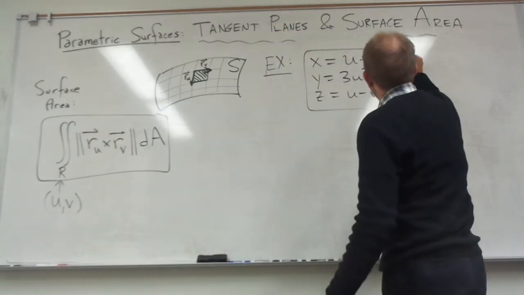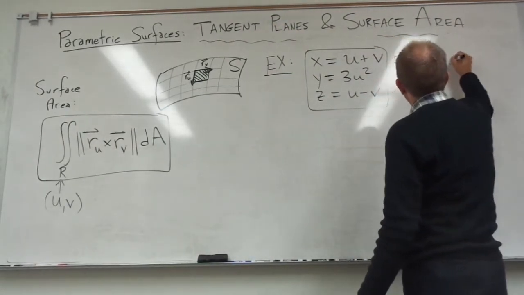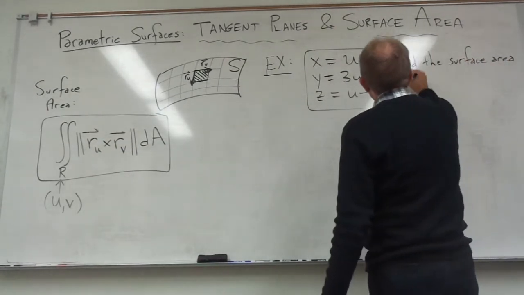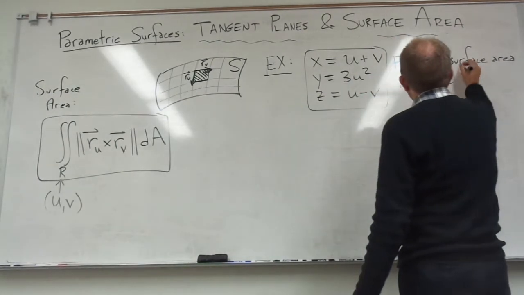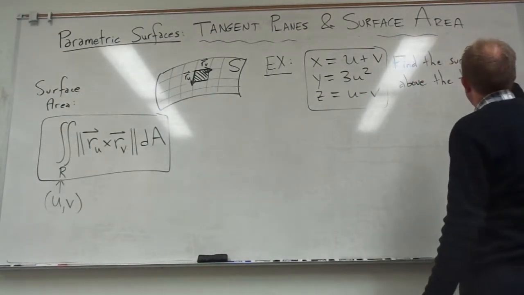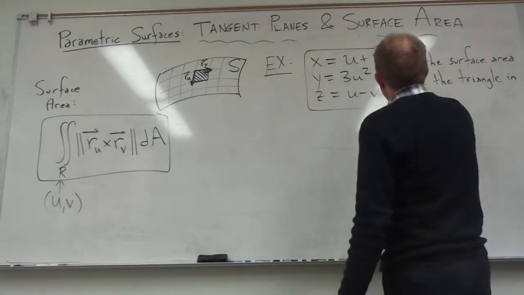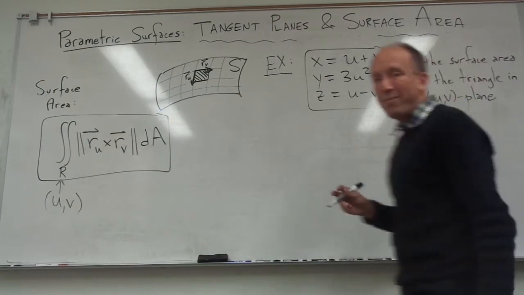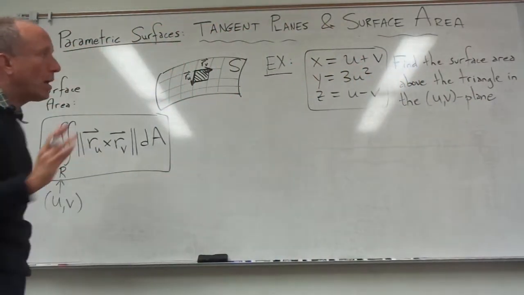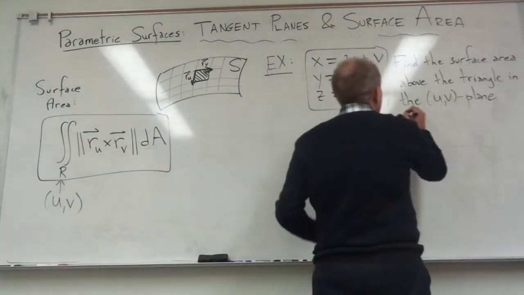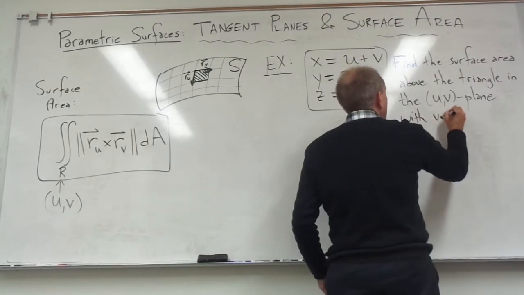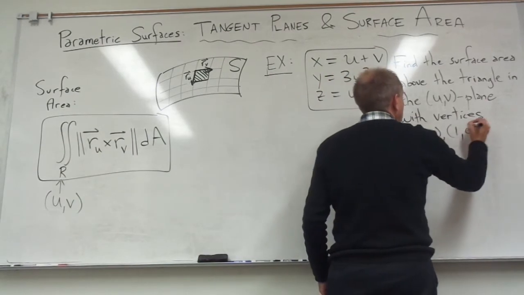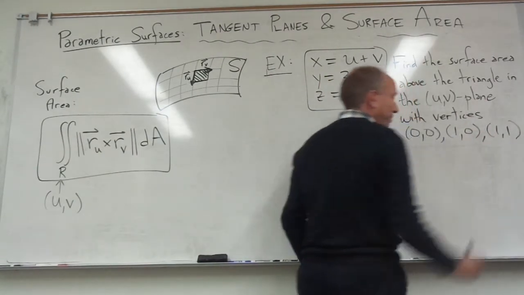And let's find the surface area above the triangle in the UV plane. So I'm looking at the parameter domain, the UV variables, not the XY variables. And we're going to take a triangle with vertices (0, 0), (1, 0), and (1, 1).